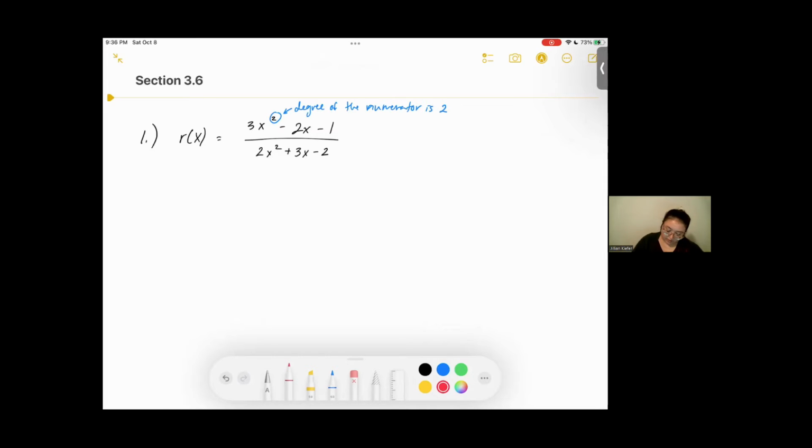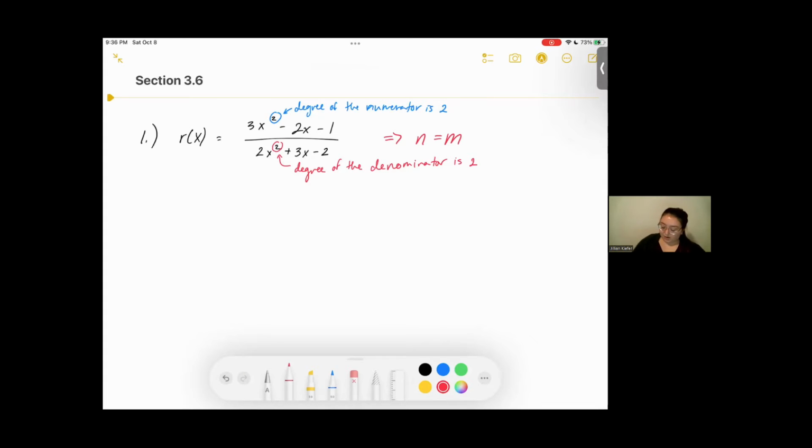Then the degree of the denominator is going to be the same. So the degree of the numerator is equal to the degree of the denominator. The highest numbered exponent is 2 in both. This indicates that n is equal to m, so it's that second case on our last slide.